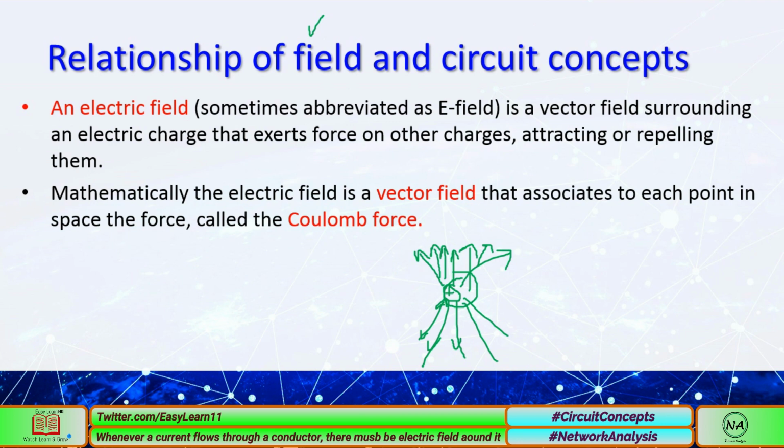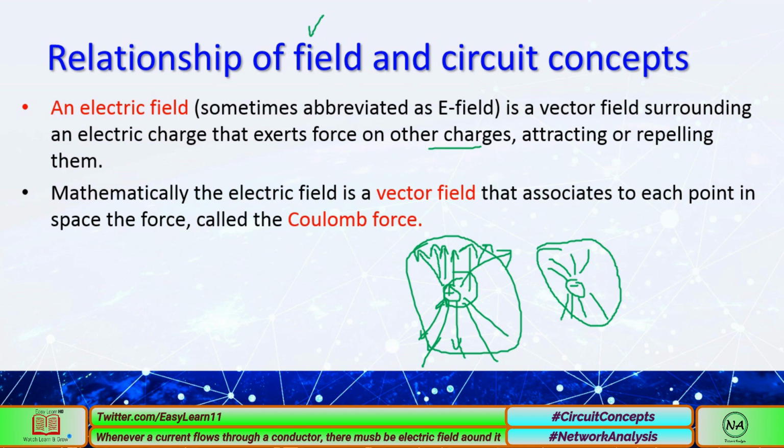It is a vector field surrounding an electric charge that exerts force on other charges. If there is another charge, suppose negative, it has its own field too. If there is a boundary, meaning the limitation, like suppose the limitation of the negative charge is this circle I draw here, and the positive has this. This is the range of the charges where, if we enter into this circle, we experience force due to these charges.